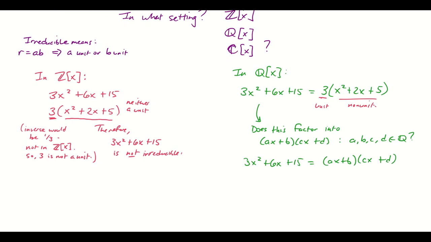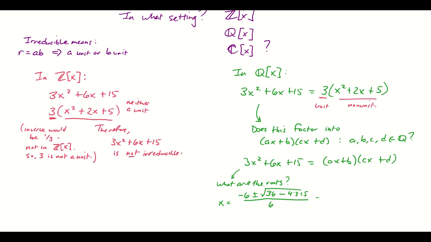Now I'm going to use mathematics that we haven't formally proven yet in this course, but that we know pretty well from high school. We know that there's a quadratic formula that will tell us what the roots are of this polynomial. So what would the roots be? The roots will be x equals -6 plus or minus the square root of 36 minus 4 times 3 times 15. 36 was 6 squared.